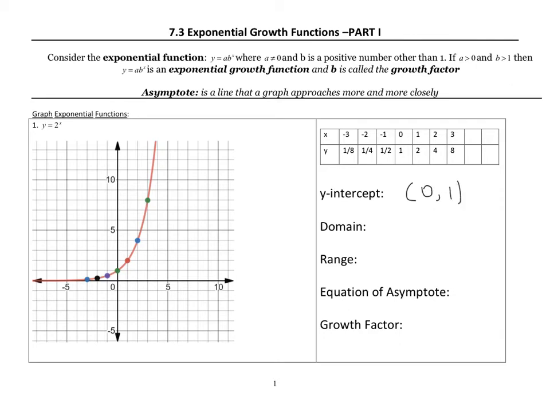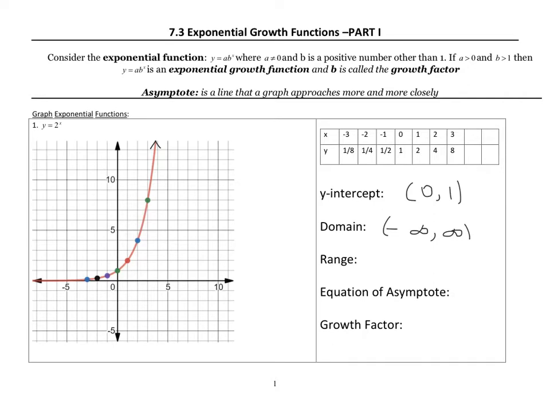The graph continues indefinitely, so the domain is from negative infinity to positive infinity. And you can see the range gets a little close to 0 but doesn't get to 0.